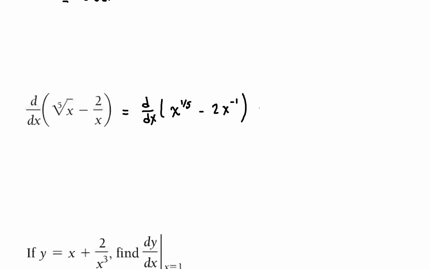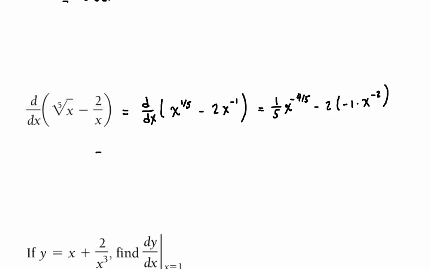So with that, you just write 1/5 of x to the 1/5 minus 1, which is -4/5, and then minus 2 times, lower the -1, and then x to the -1 minus 1, which is going to be -2.